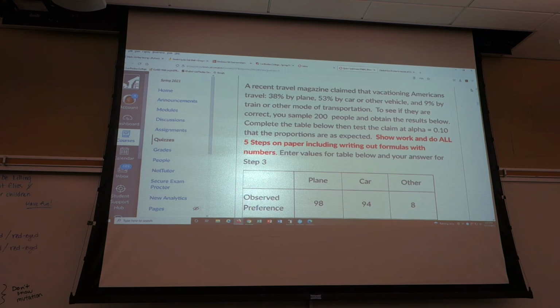And I find my expected. So my expected, we said 38% plane, 53% car, and I expect 9% other.